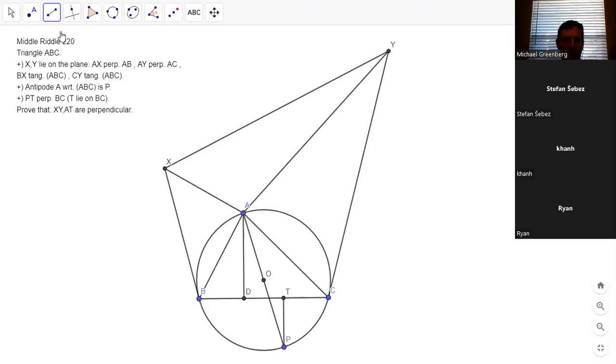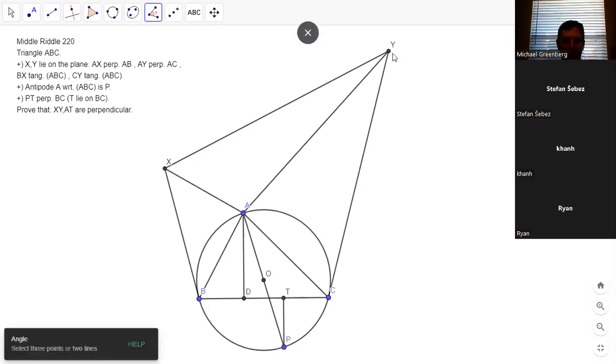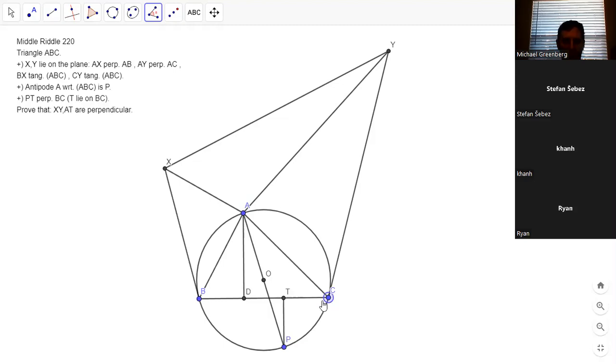So I wonder if this angle is equal to this angle.